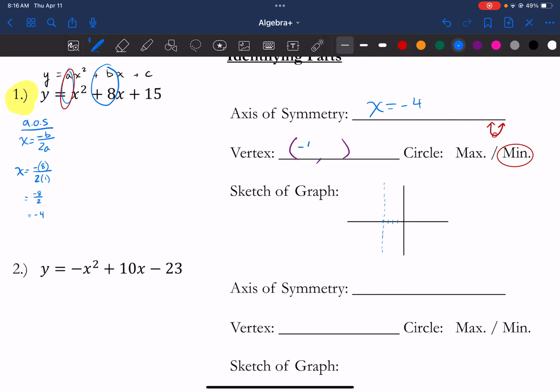Your vertex is -4 comma something, right? Your AOS is the first part. Well, I can do the formula for c minus so on and so forth, or I can just take this equation that's given to me, and anywhere I see x, I can substitute the -4. But be careful when you're substituting it, especially with negatives. You want to make sure that you're calculating it correctly.